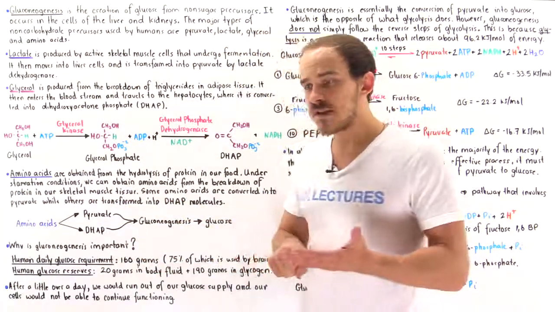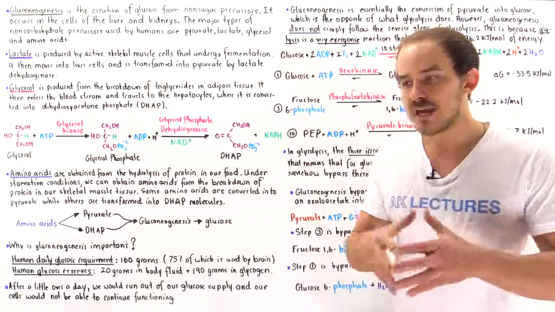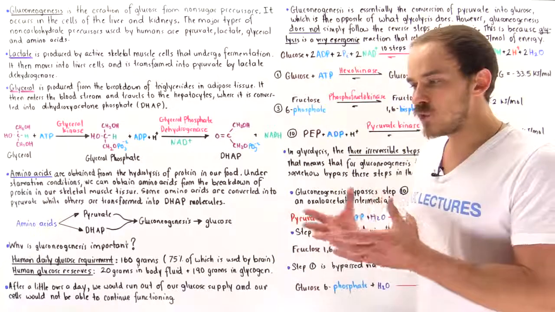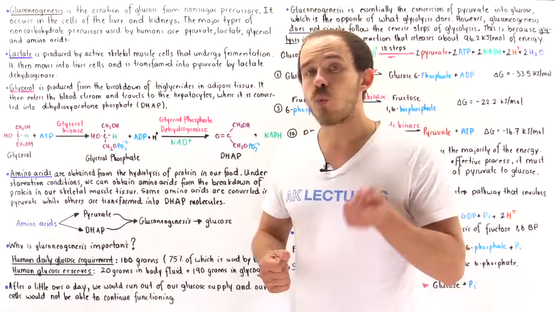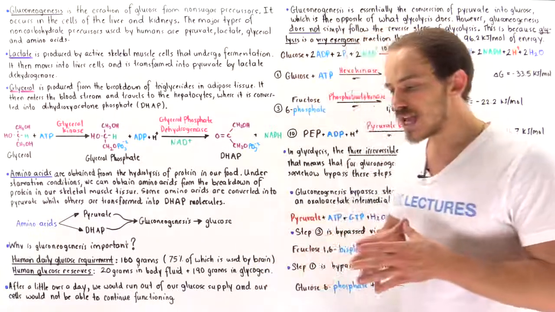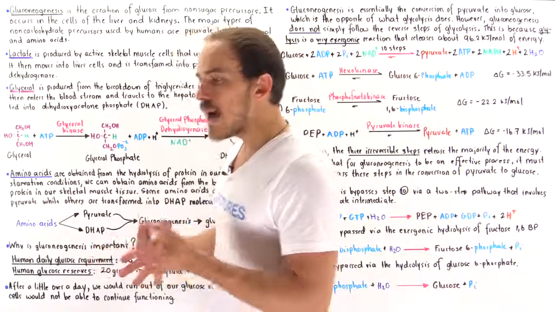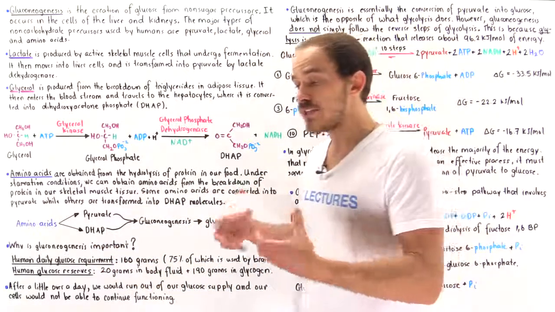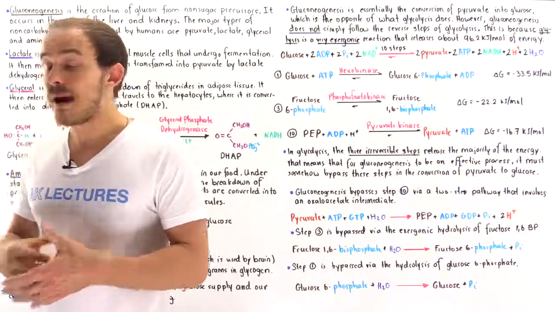So to be more specific, in our fluid, so places like our blood plasma and the fluid found in the cells, so cytoplasm, and fluid found in our tissue, in these areas, we can store a maximum of about 20 grams of glucose. Now, in our glycogen stores, we can basically store about 190 grams of usable sugar that can be readily used and can be readily accessible by those cells.